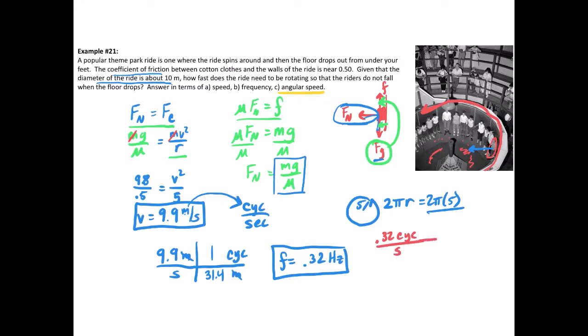Now, what we want to do is we actually want to turn the cycles into degrees, all right? Now, you can do degrees or you can do radians. Now, actually, we're going to go ahead and do radians because AP likes for us to use radians. Now, if you don't know what radians are, if you haven't seen that yet in math class, there are 2 pi radians in one circle.